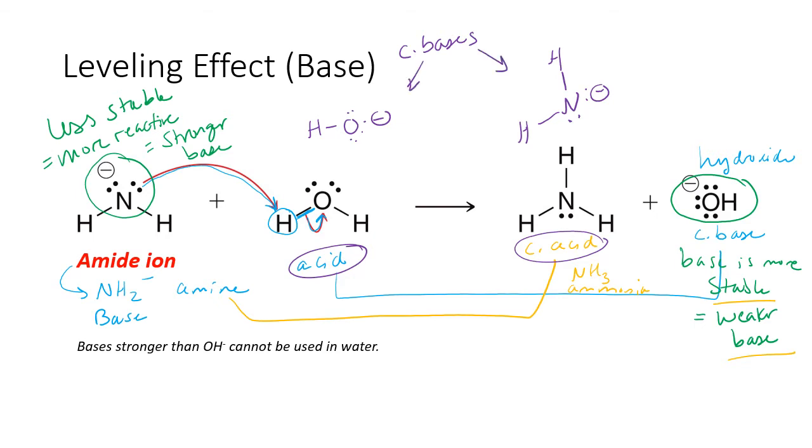And then our next step was to look at the atom. The atom told us which one was going to be stronger. So having a negative charge on oxygen was more stable. Having a negative charge on nitrogen was less stable. And so that would tell us that water is the stronger acid and our ammonia is the weaker acid.